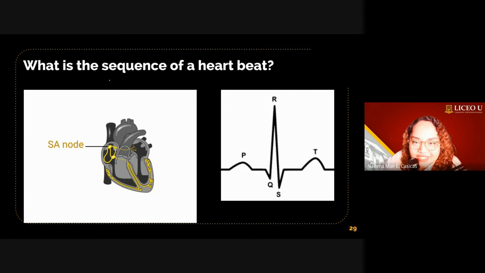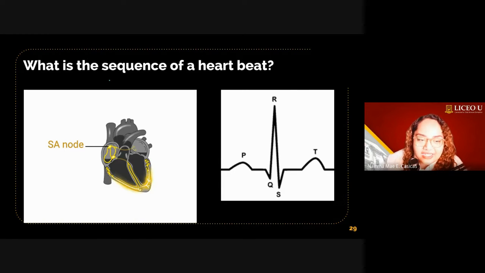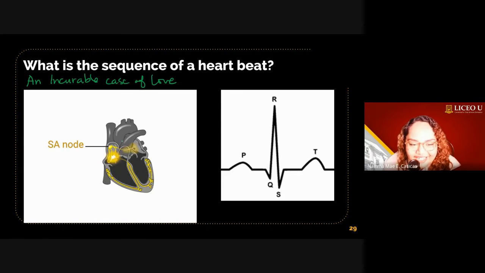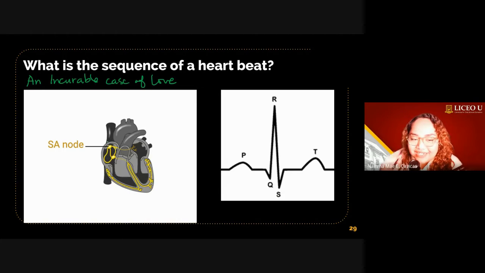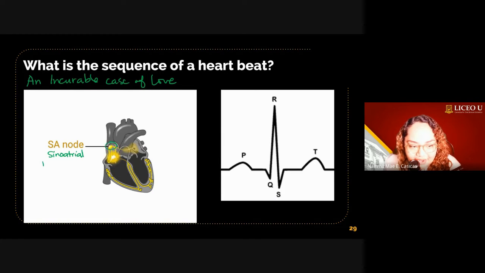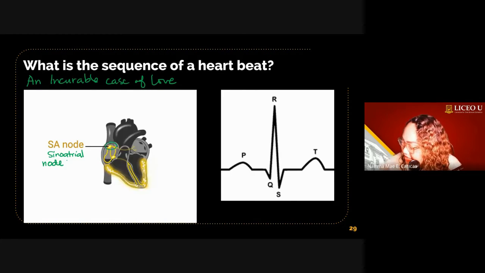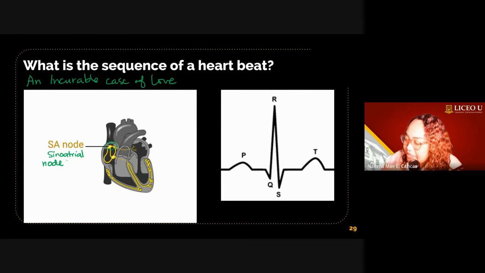So what is the sequence of the heartbeat? Okay. Your heart, how does it pump or why does it pump? Because it has electrical impulses. It has nodes. Your heart has two nodes, the SA node or sinoatrial node, which is the first to signal your heart to pump.